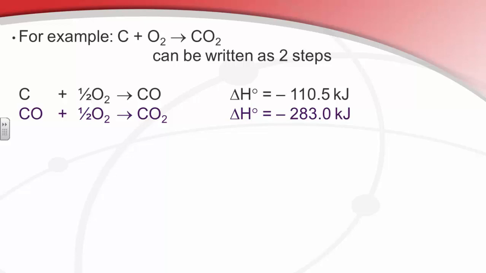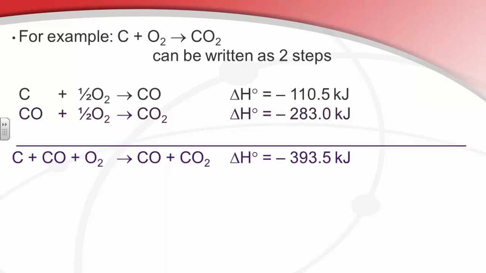it's a trivial exercise for us to simply look at this, sum the overall reactions, so adding together all of the reagents and all the products, and when we do this, sum the energetics as well. And then there's only one step we have left. We have to recognize that carbon monoxide is on the right and on the left, and that we can cancel it.